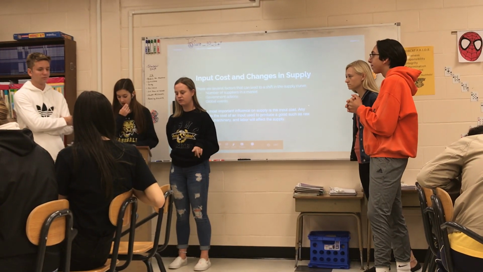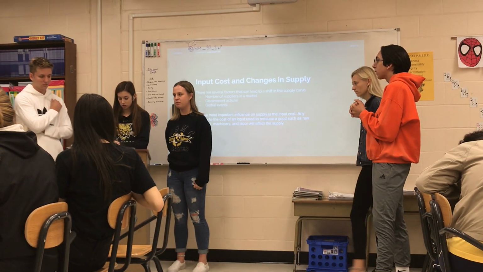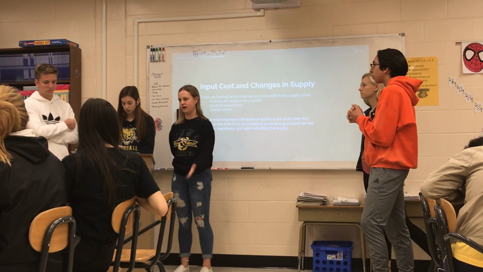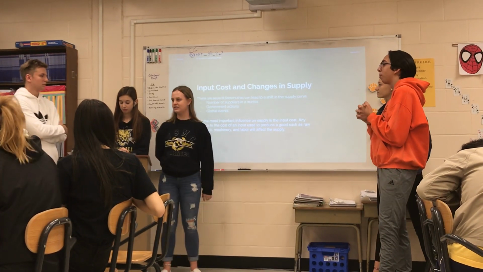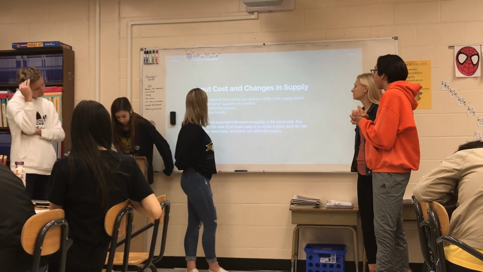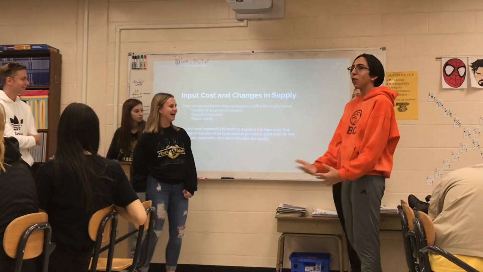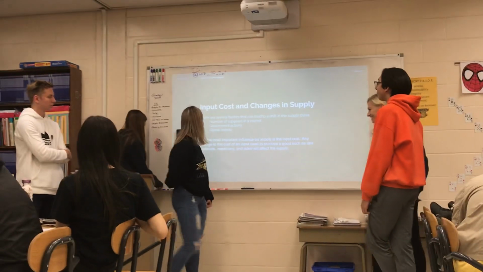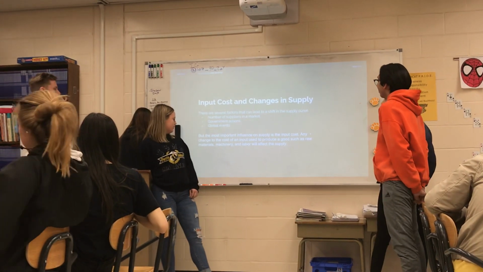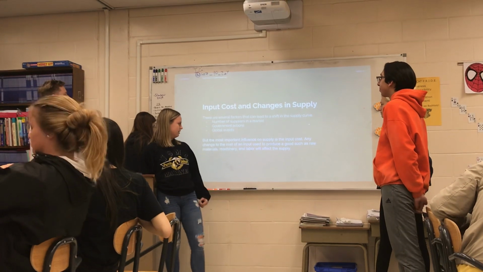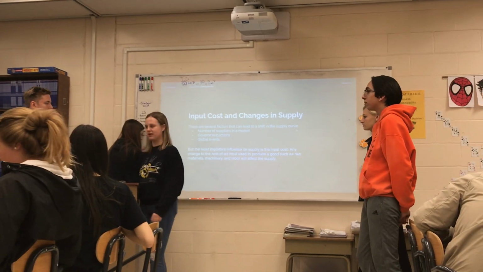If there was only one Chick-fil-A in Gainesville, they would have to supply more because there's not as many people going to other Chick-fil-A's, there's just that one. Other factors are government actions and global events, like events that happen around the globe. But the most important influence on supply is the input cost. Any change to the cost of an input used to produce a good, such as raw materials, machinery, and labor, will affect the supply.